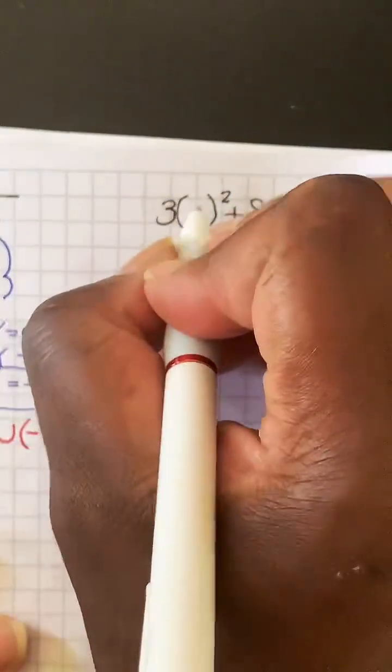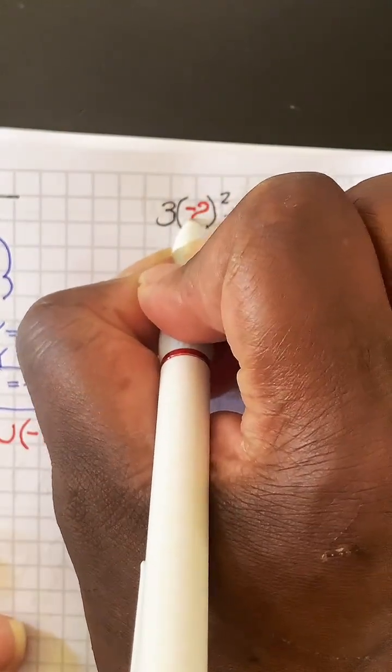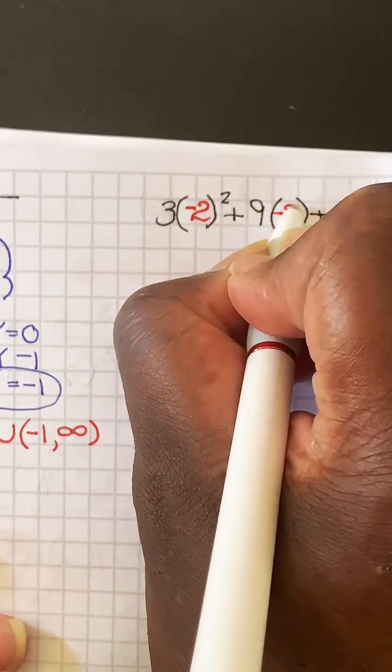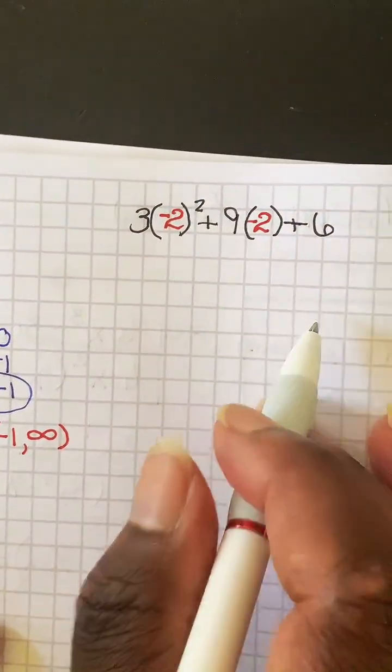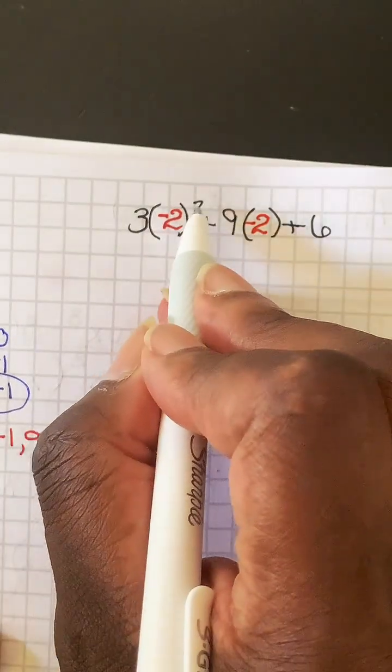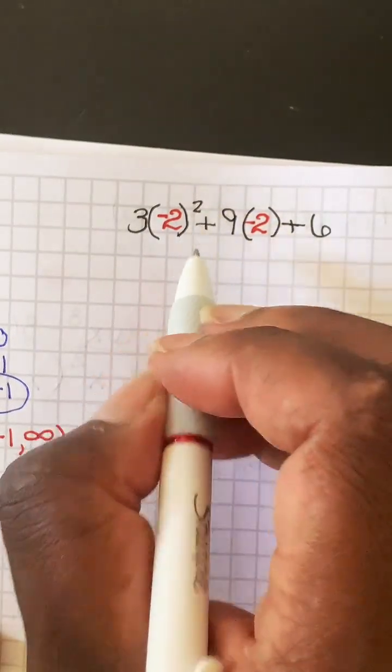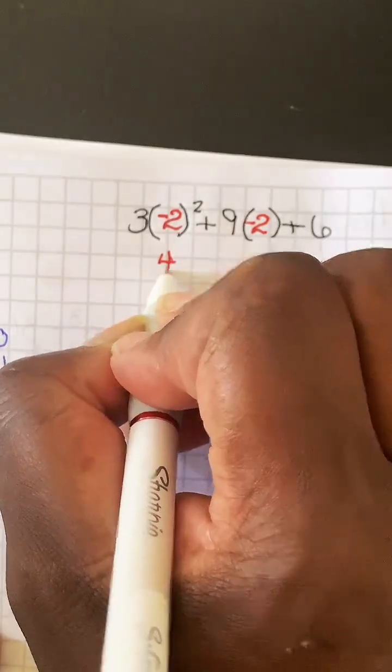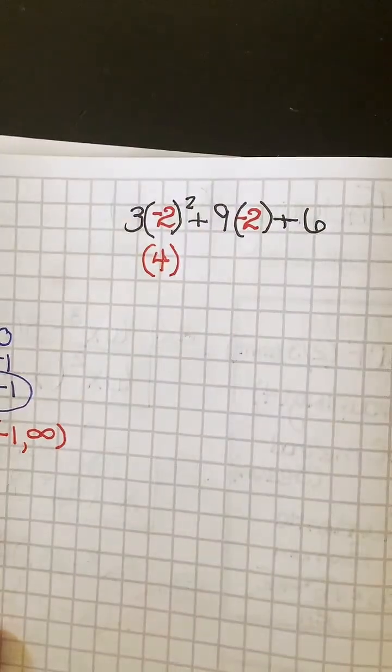And if we plug in a -2, okay, here we go solving. -2 squared, that's -2 times -2, that gives me a positive 4.